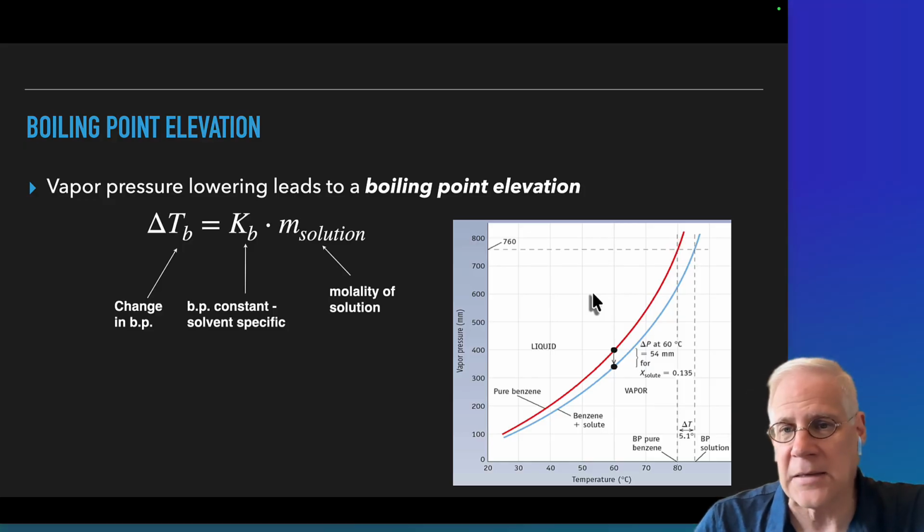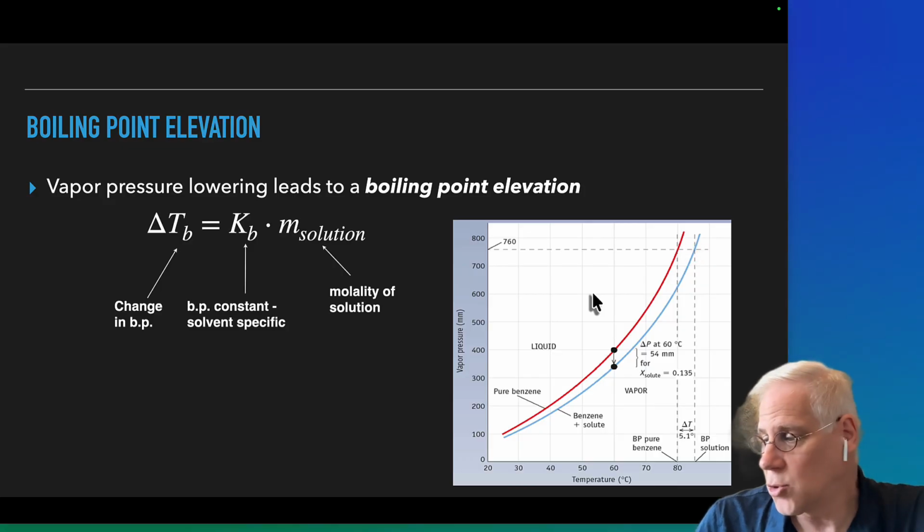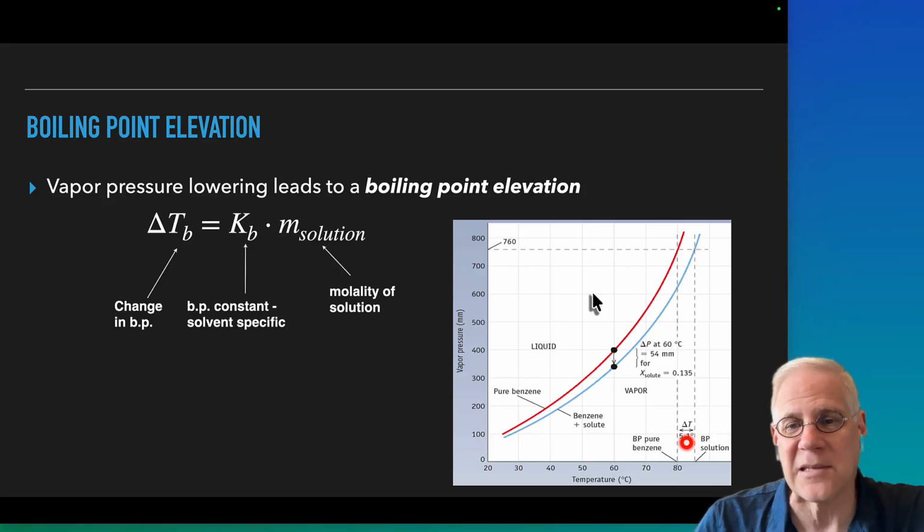Now, if I add a solute, a non-volatile solute, we know it's going to lower the vapor pressure. So at a given temperature, we see that the solution always has a lower vapor pressure. Well, what that causes to happen is as you trace that all the way up, in order to get to a vapor pressure equal to atmospheric pressure, you have to add a little bit more heat.